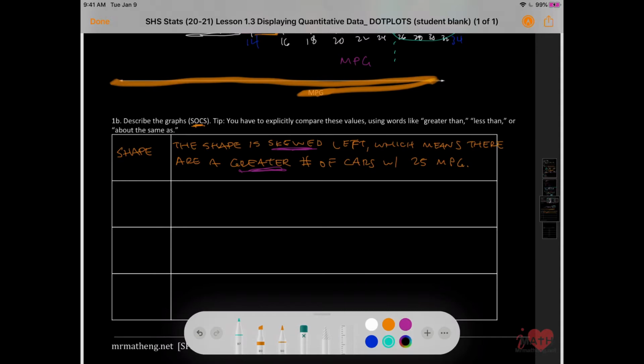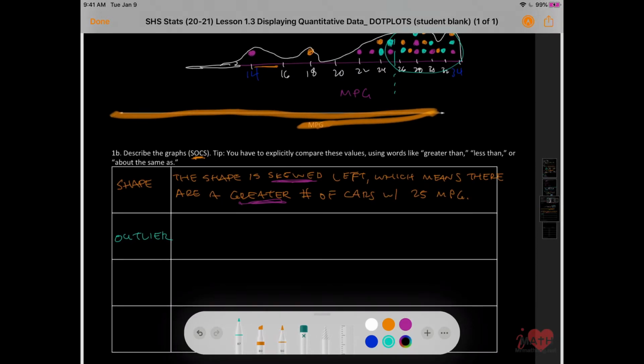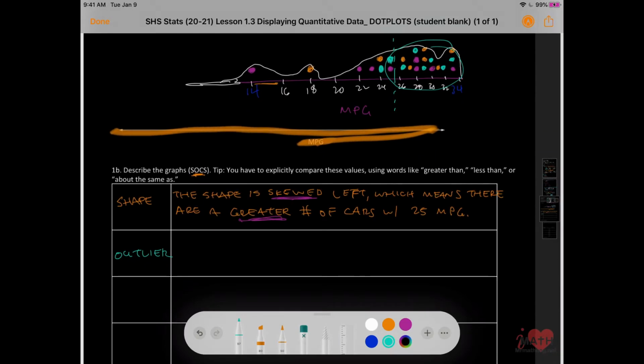All right, let's look at outlier. Do you see any outliers that are unusual or don't belong to the group? At 34, there's a lot of cars getting good gas mileage. But look at that one over there, the 14. So what does that represent? The dot represented. And right now we're just going by visuals. We're not going by some formula yet.